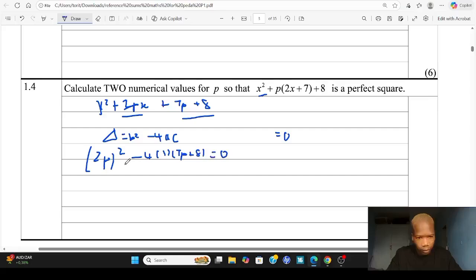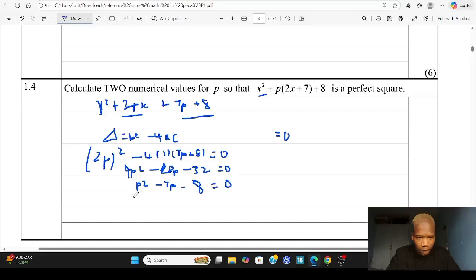So we have 4p squared minus 28p, right, minus 32 equals 0. So if we divide everything here, it's going to be p squared minus 7p minus 8 equals 0, right?